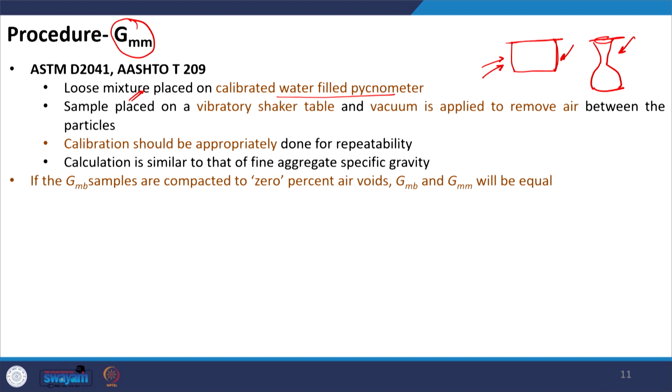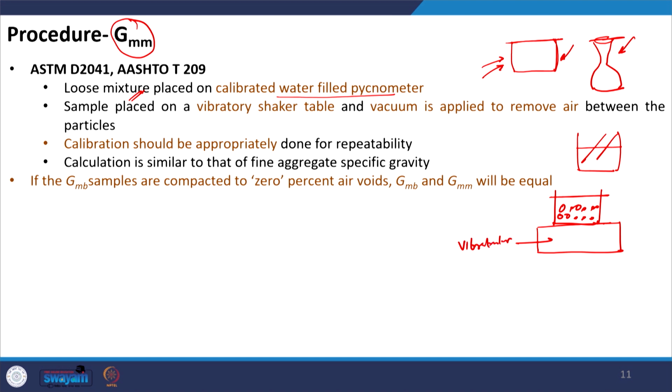All right. So, coming to the procedure, first we take the container and place our loose mixture here. Then we cover this with water to a specific height, and we put this on a vibratory shaker table, and we also apply a vacuum here. A vacuum is applied to remove the entrapped air in the mixture.